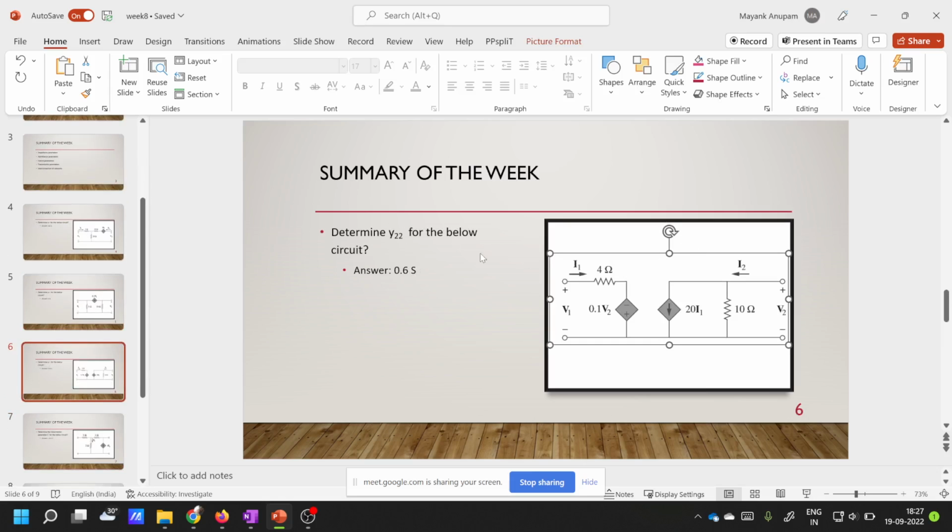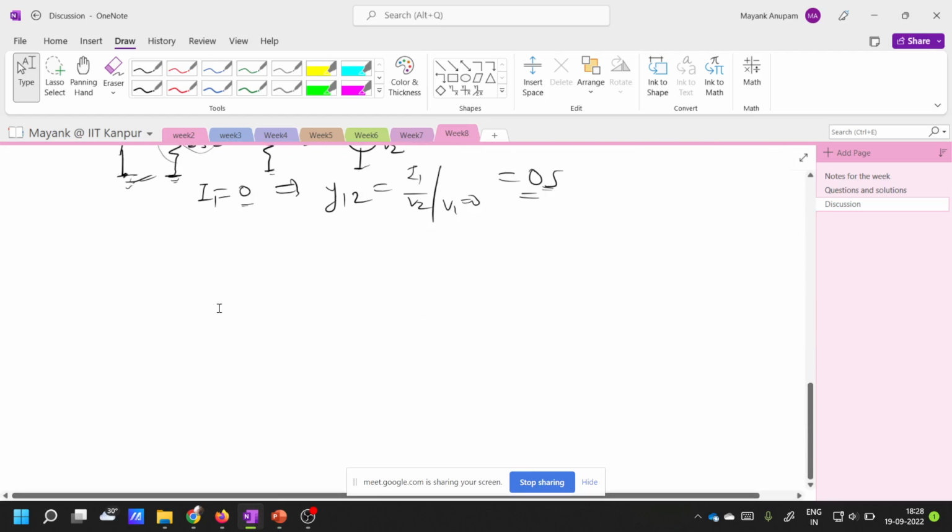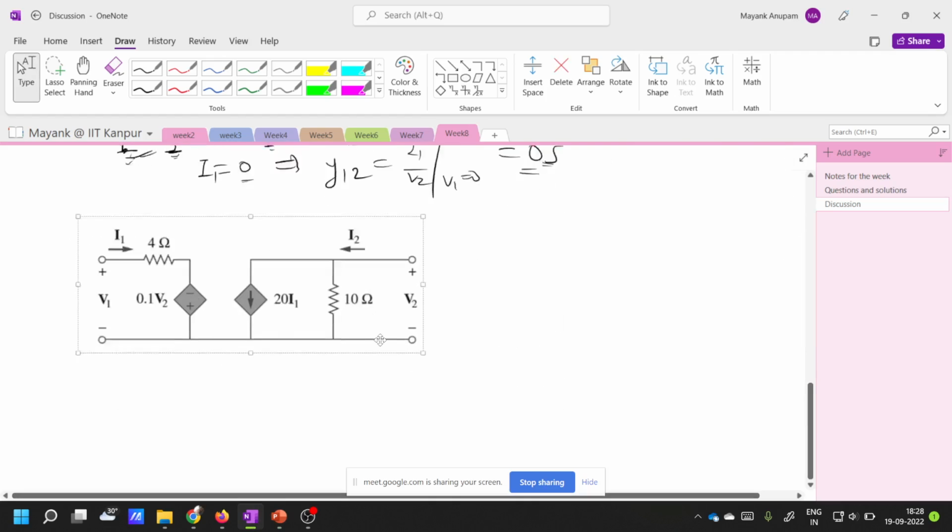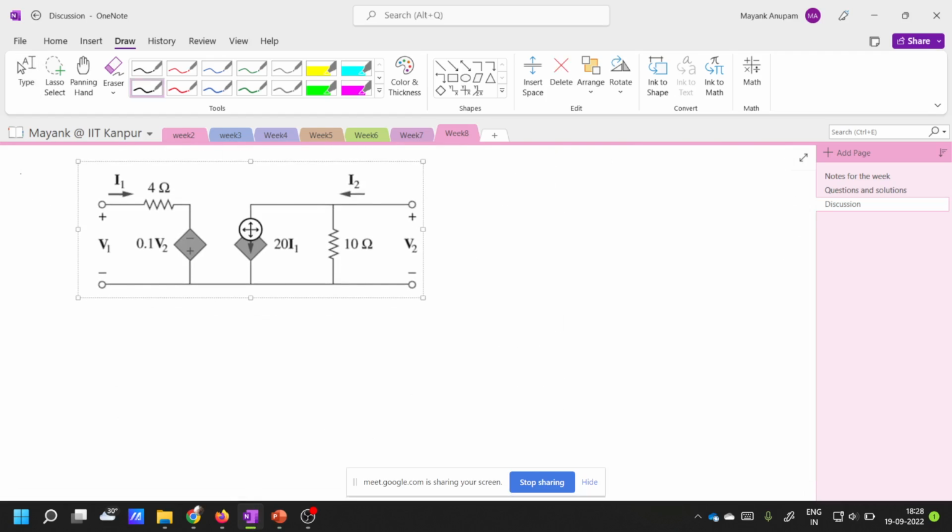So here we have to find Y22. Let's do that. Question 3.